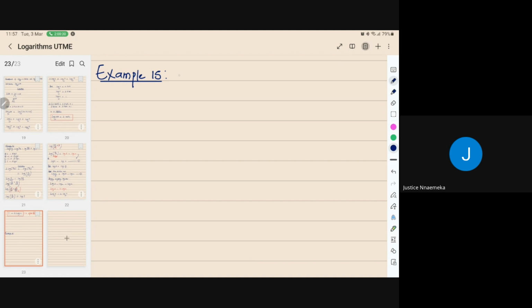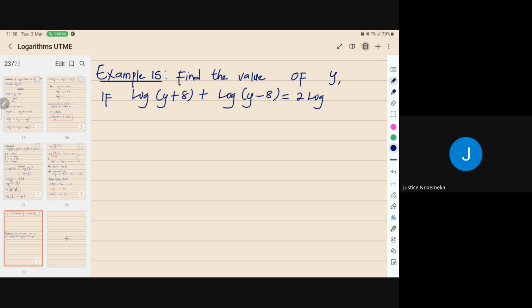Find the value of y if log of y plus 8 plus log of y minus 8 is equal to 2 log 3 plus 2 log 5.